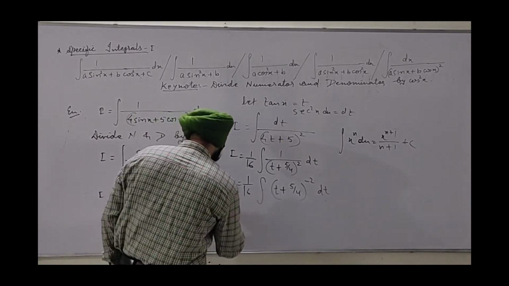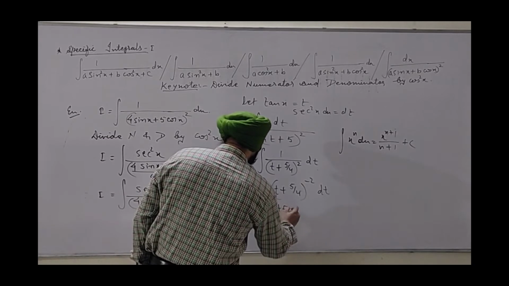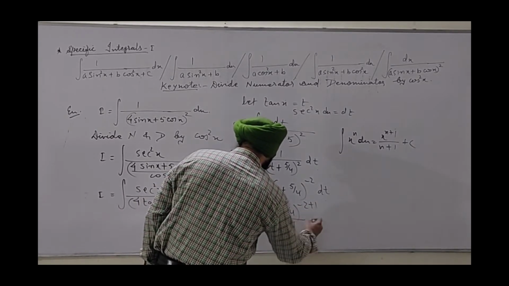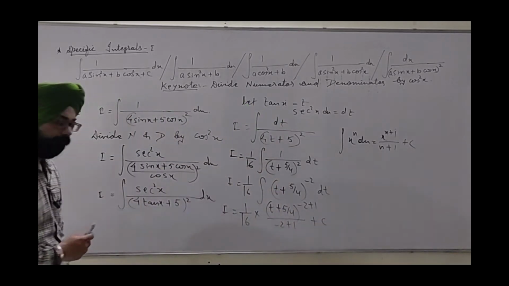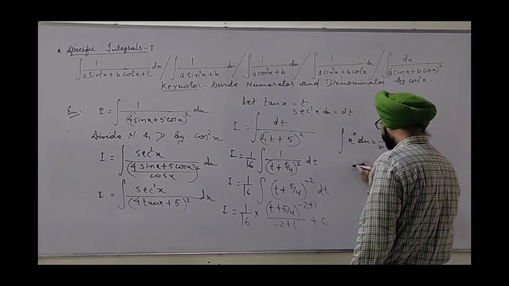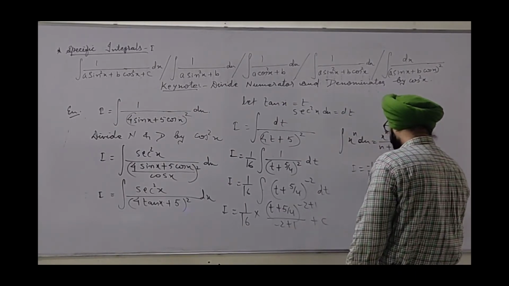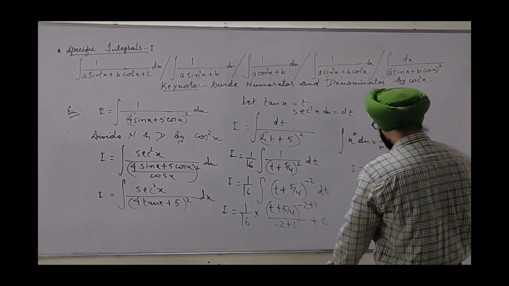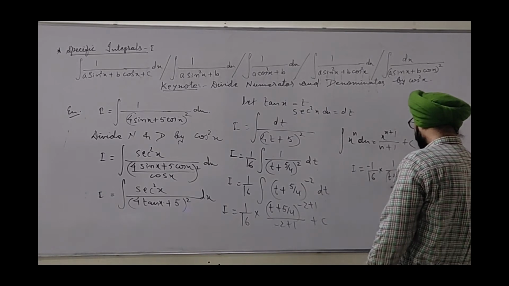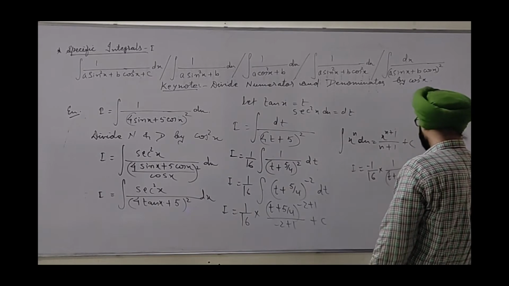What we get is I equals 1 upon 16 into (t plus 5 by 4) raised to the power minus 2 plus 1 upon minus 2 plus 1, plus c. Simplifying, this integral will be minus 1 by 16 into 1 upon (t plus 5 by 4) raised to the power 1, plus c.